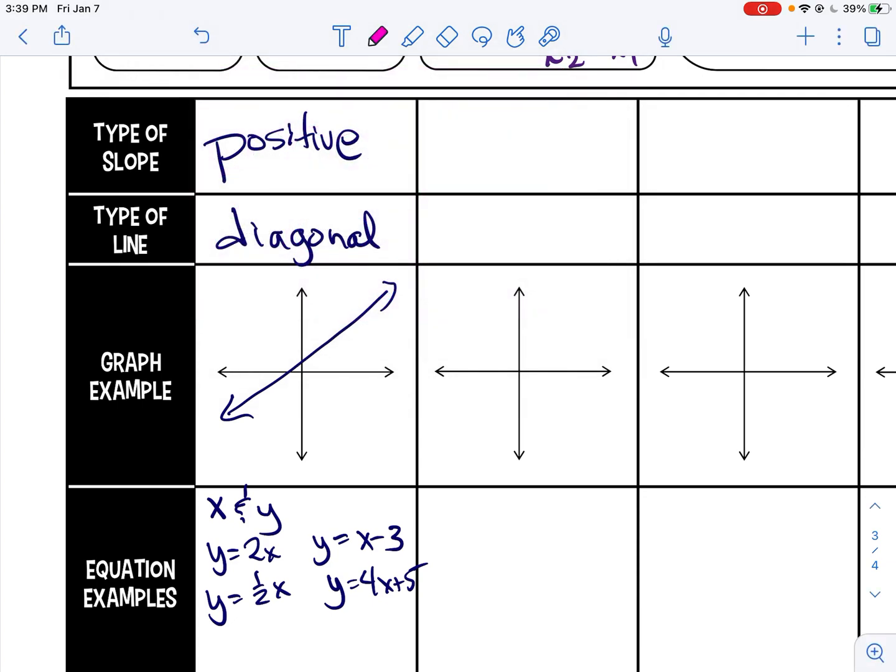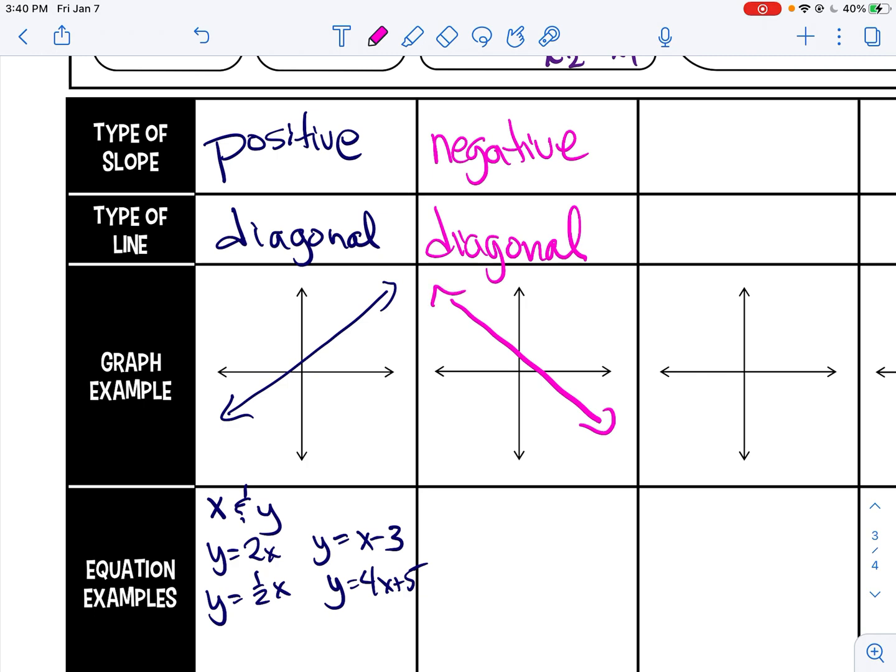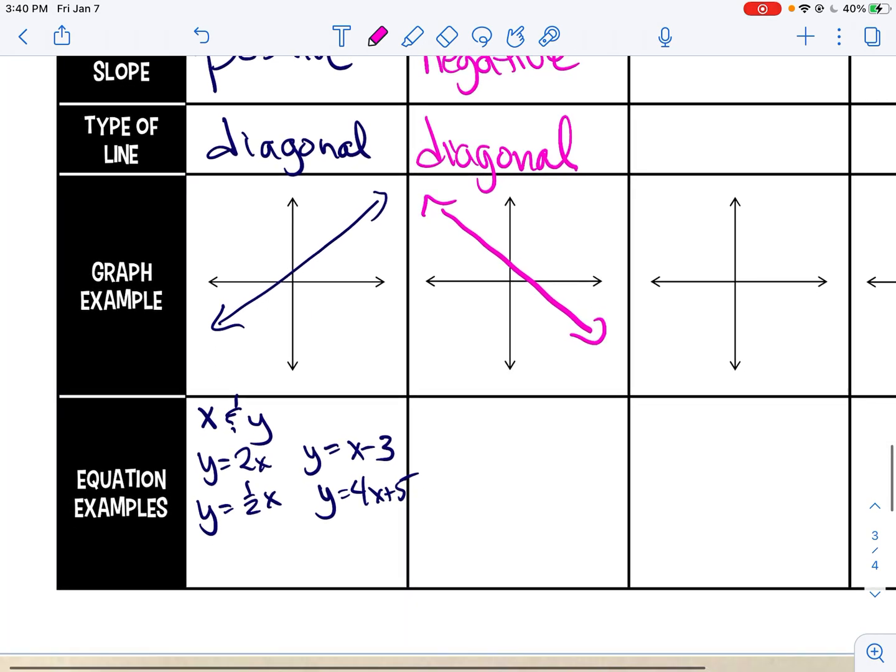Now, if I was to have a negative slope, it's still a diagonal line. It's just going to go this direction. It also will have x and y in it.